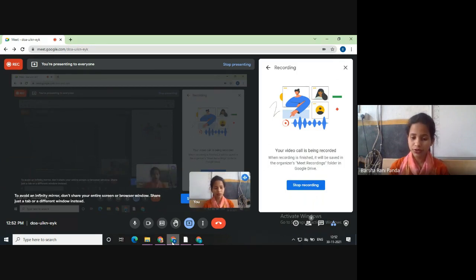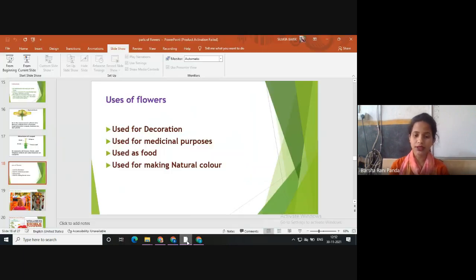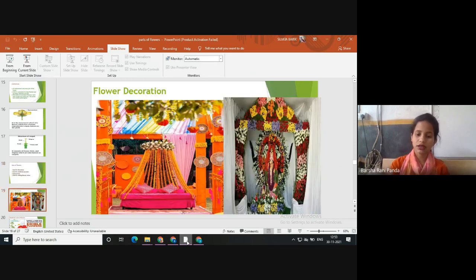This is a common flower, that is rose. From the petals of the rose, rose water is made, and rose water is used to give essence to the food and also used for skin diseases. So there are several uses of flowers, out of which we'll read about decoration, medicinal purpose, food, and making natural colors.